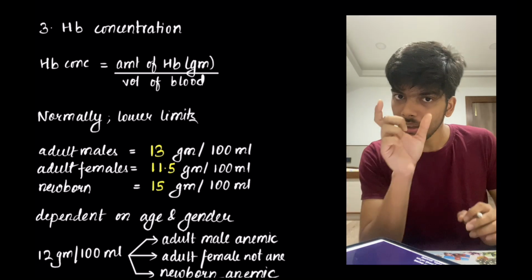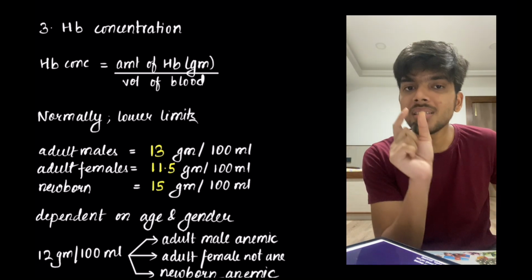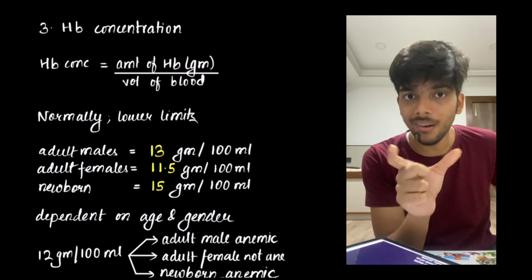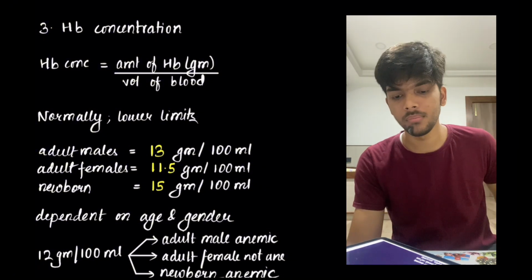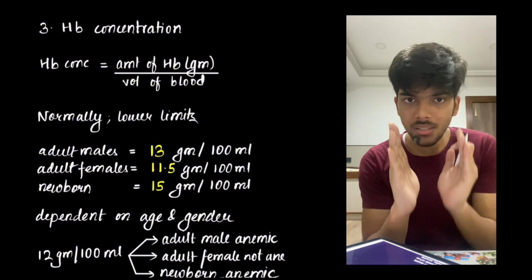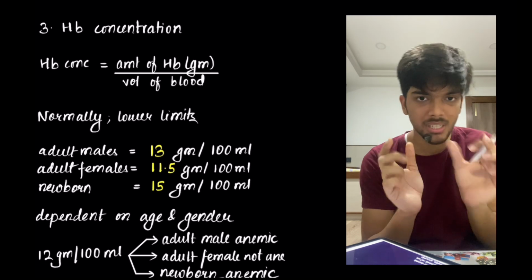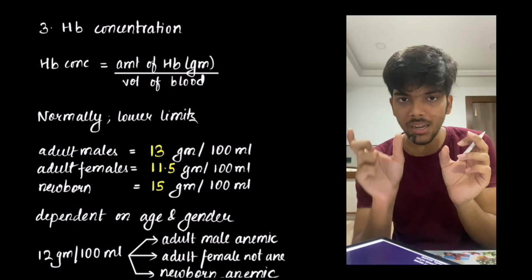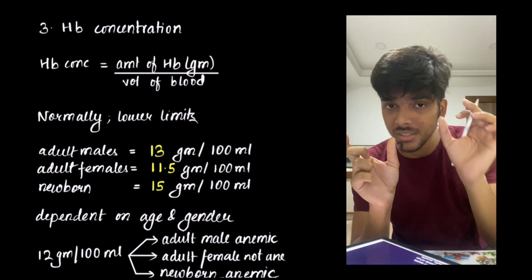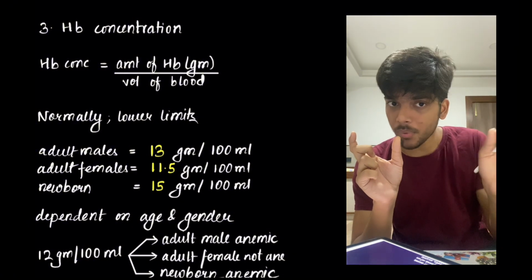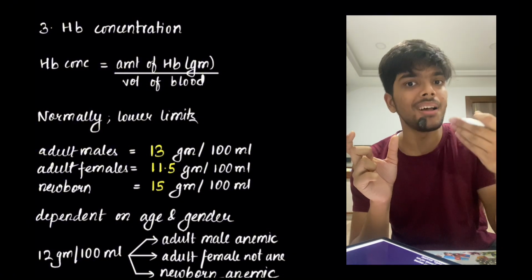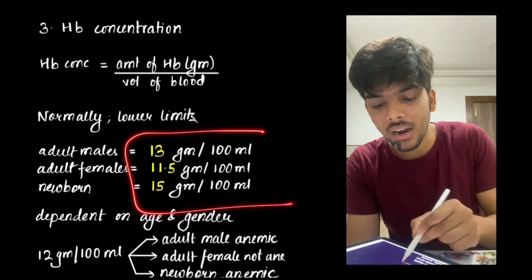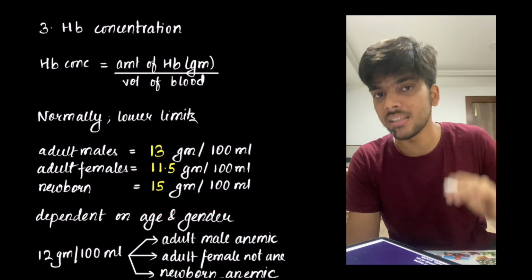Before that, in anemia, the concentration of hemoglobin in the blood is less than the lower limit. So there is a certain range of hemoglobin concentration, right? From this much to this much, from lower limit to higher limit. If the hemoglobin concentration in the blood of the person is less than the lower limit, then obviously the person is anemic. And what I have here are the lower limits in different ages and gender.